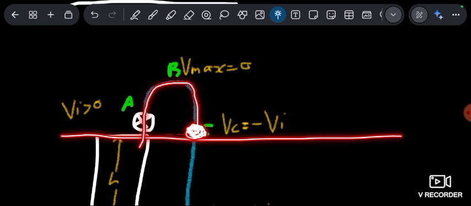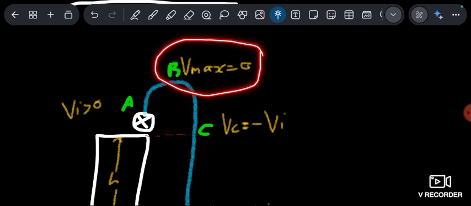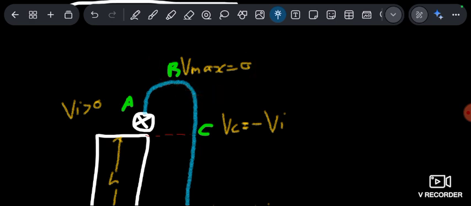Now, this here is the point where the graph changes direction. We call that the maximum height. What is special about the maximum height is that we already know that at the maximum height, the velocity is 0 meters per second. Of course, we say that the object is thrown, so the initial velocity has to be greater than 0.